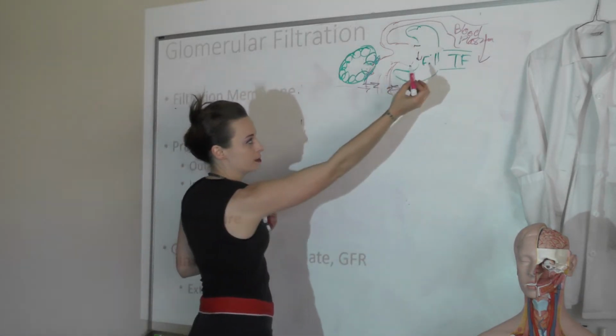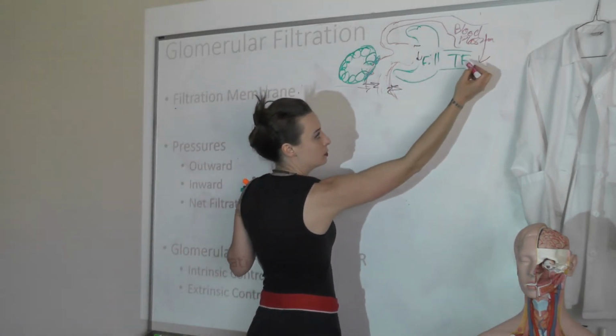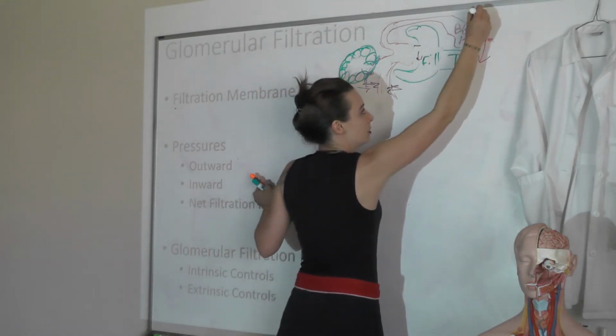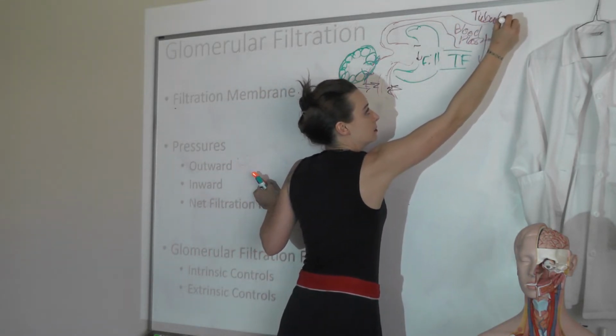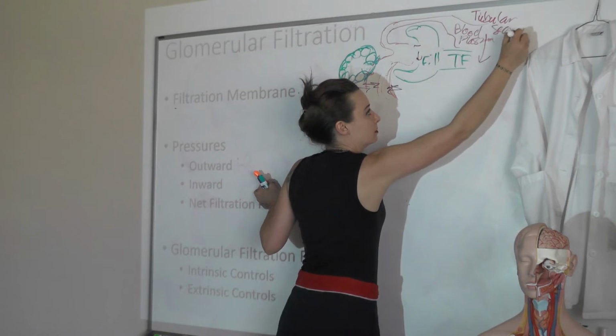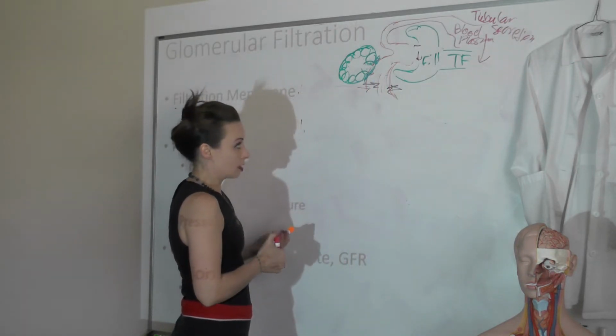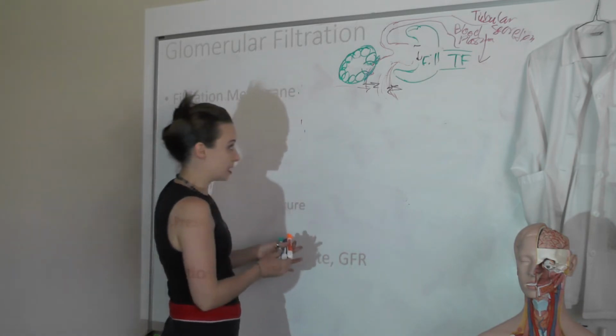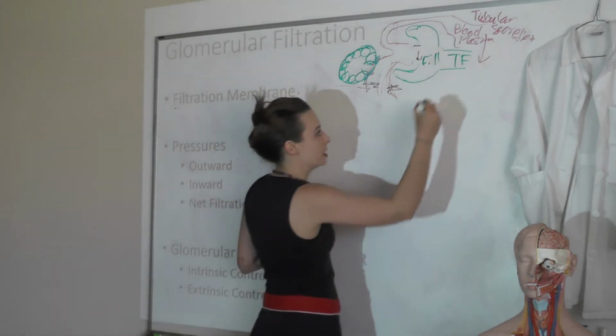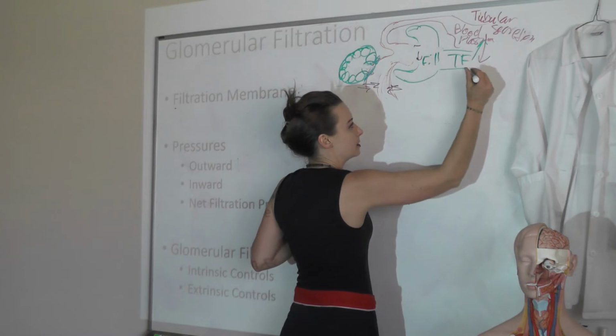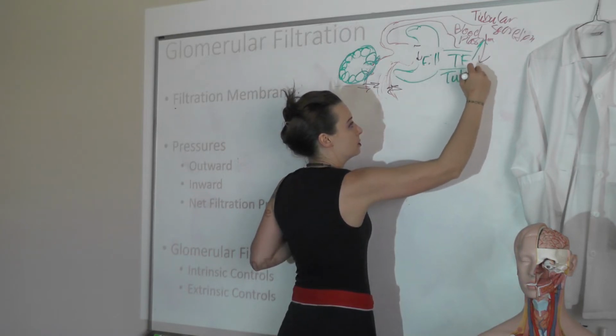So if you look here, this arrow from the blood to the tubular fluid, that's tubular secretion. And then I'm going to take things from this tubular fluid and bring it back to the blood because I want it. That's tubular reabsorption.